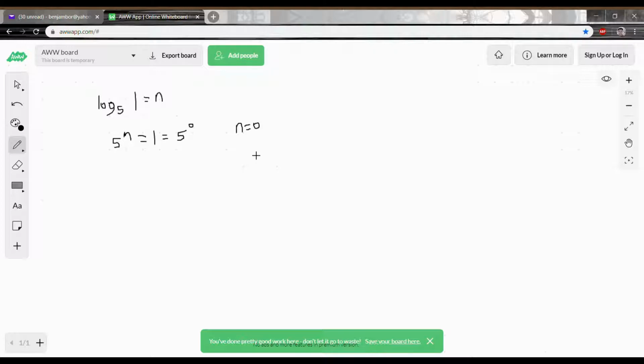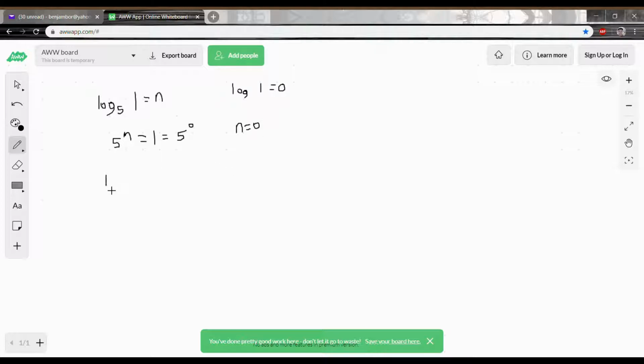Now, we can set the exponents equal to each other and get that n is equal to 0, which gives us a general rule that anytime we have the logarithm of 1, it doesn't matter what the base is, it will always equal 0. Let's look at something else.